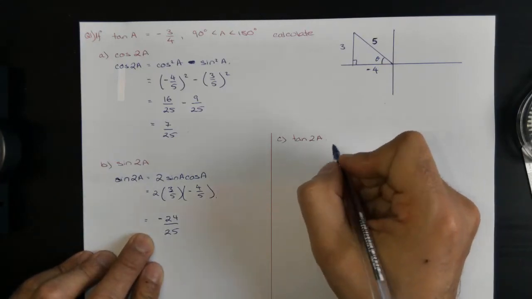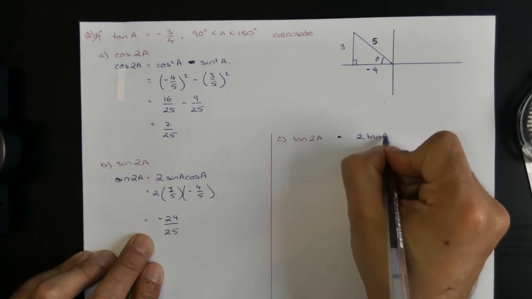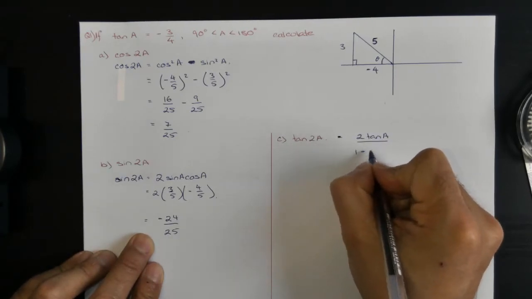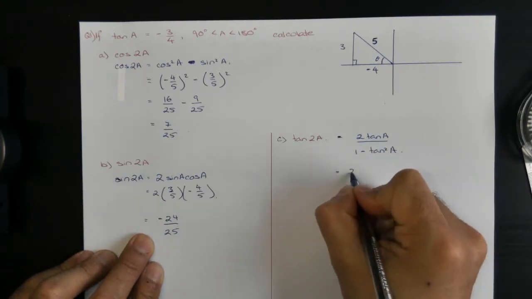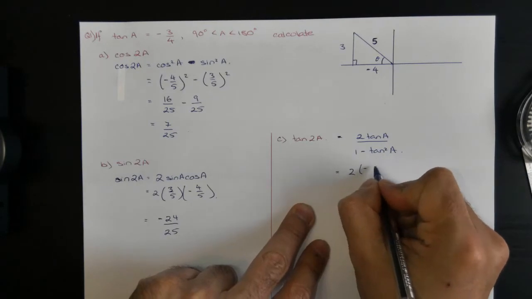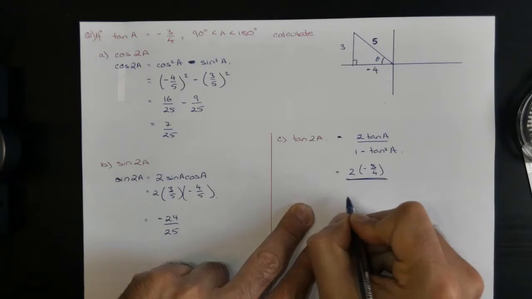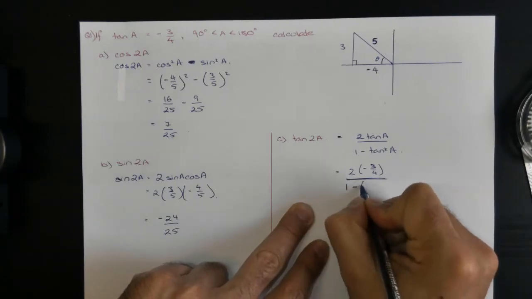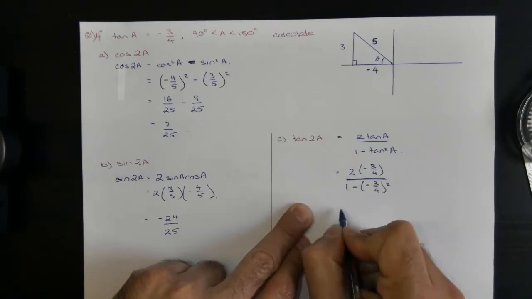Okay, so tan 2A is equal to 2 lots of tan A over 1 minus tan squared A. So tan A in this case is negative 3 over 4, all over 1 minus negative 3 over 4, all squared.